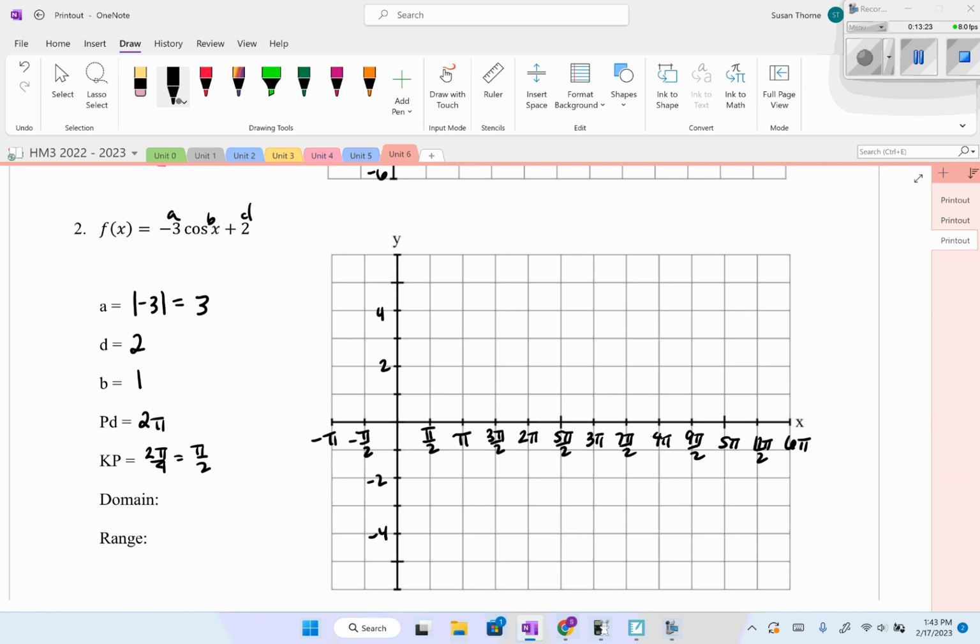And so for this, we know that our graph midline is now at 2. And for our amplitude, since we have a negative here, we need to reflect across the x-axis.